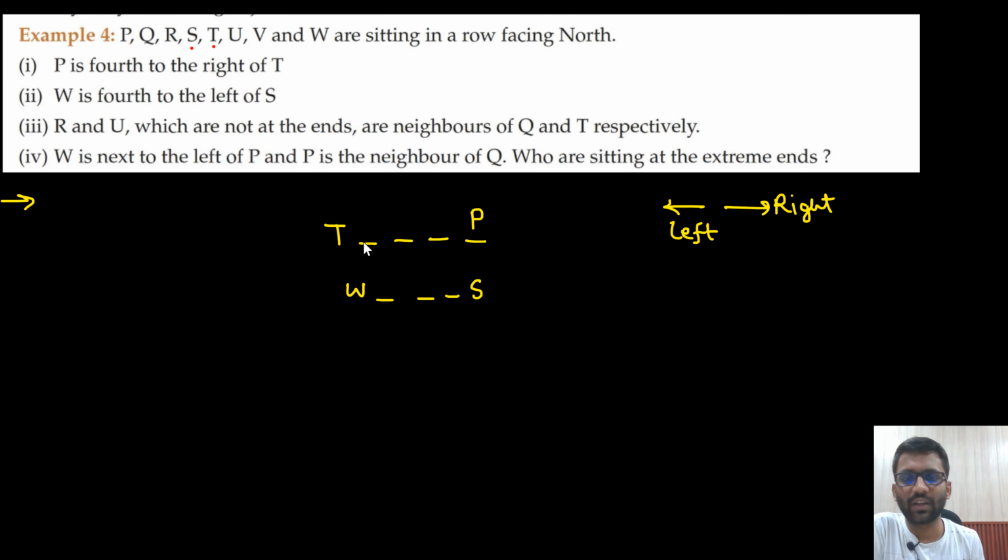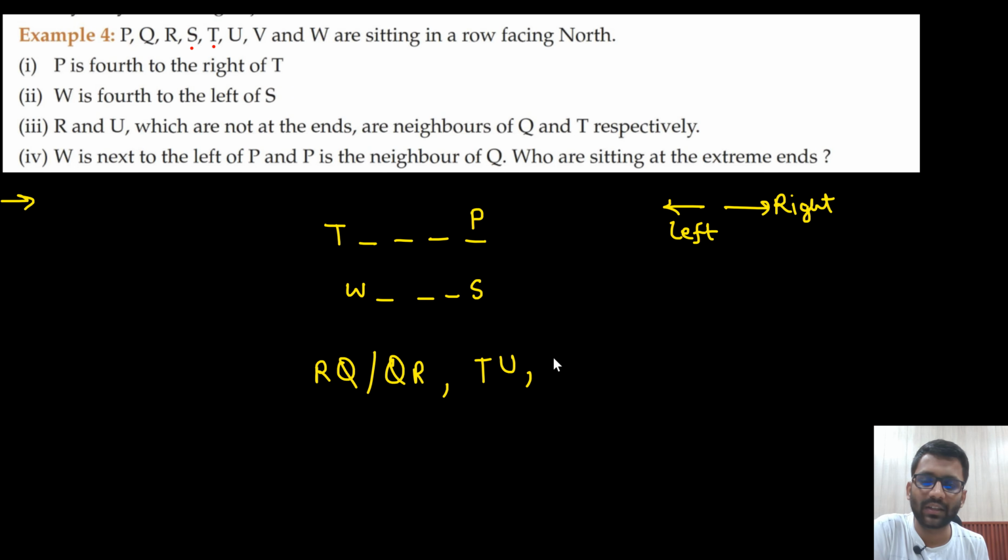R and U, which are not at the ends, are the neighbors of Q and T respectively. So R is the neighbor of Q. So RQ could be the condition or QR could be the condition. And TU could be the condition and UT could be the condition.